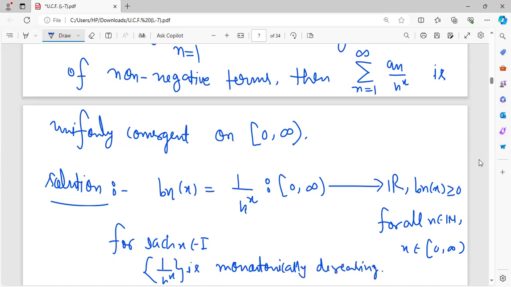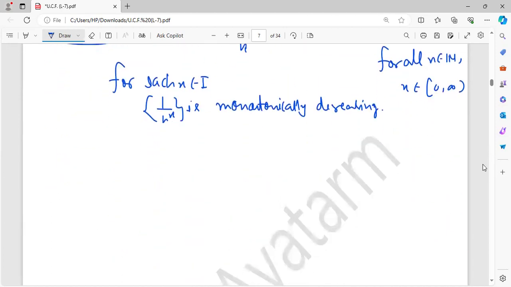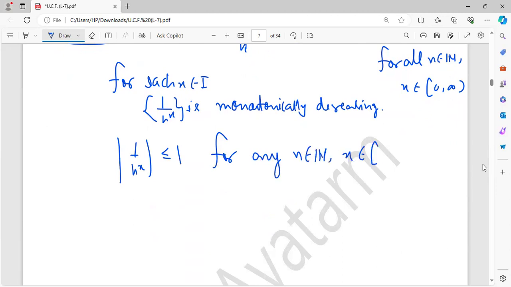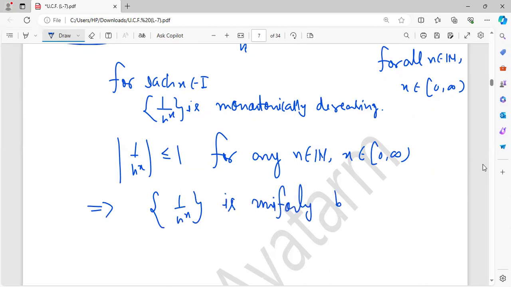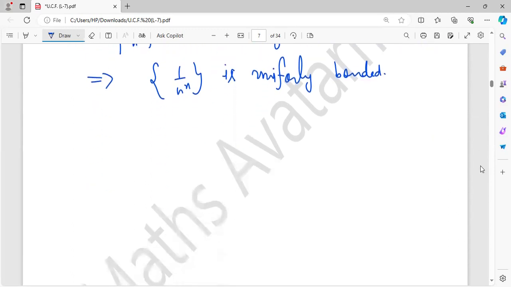Okay, and you also see that this is uniformly bounded as well, because for any n belongs to N, x belongs to the closed interval 0 to infinity, this implies 1 upon n^x, that is b_n(x), is uniformly bounded. So b_n(x) is a non-negative sequence, it is uniformly bounded, and for fixed x belongs to I, it is monotonically decreasing.